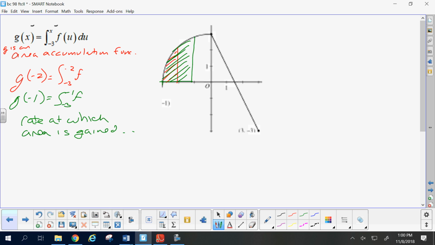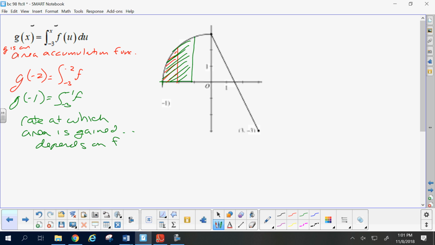Why is it getting more area more quickly in the second region than the first? What makes that happen? It's the same width, so that's not it. It's because the height is bigger, right? The gain depends on the function f.